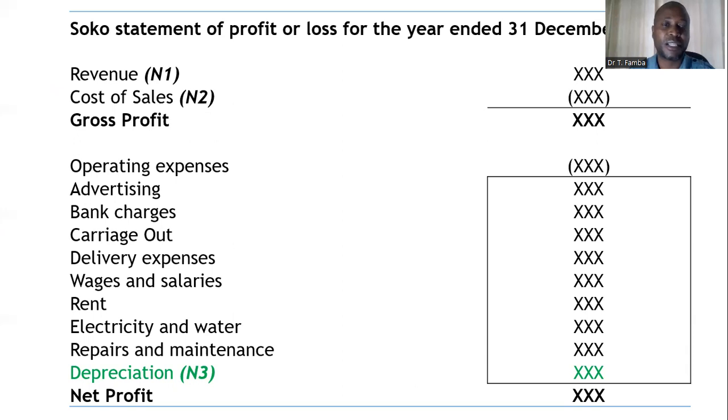So other income, which is not from trading, should come after gross profit. Then soon after that, we bring in our operating expenses. And as we explained yesterday, you bring in your operating expenses and then you sum them up, then you give the total there.